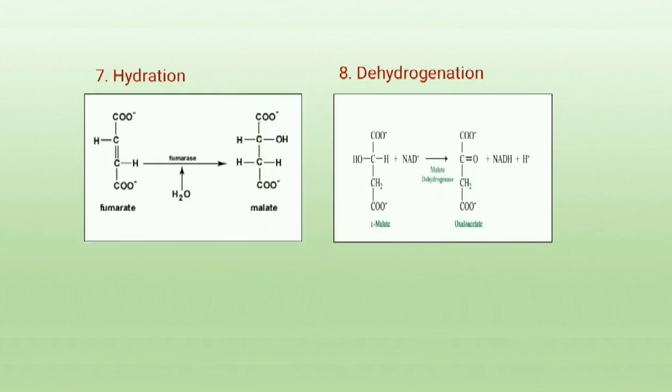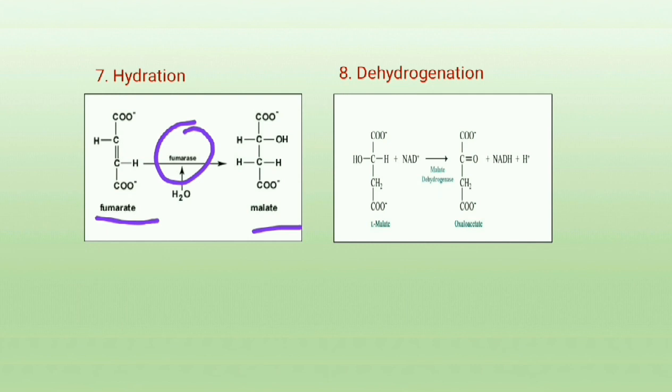Here we go with reaction 7, that is hydration. Already we have learned a hydration process in the second step, which is nothing but an inclusion of a water molecule. And here in the seventh step, inclusion of a water molecule converts fumarate into malate in the presence of the enzyme fumarase.